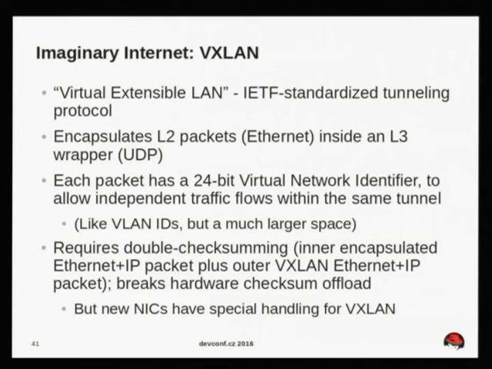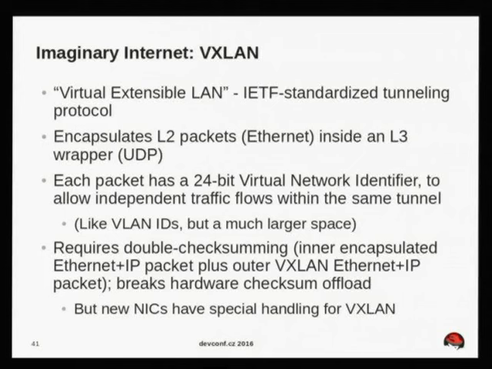One of the most popular right now is VXLAN, the Virtual Extensible LAN. It allows you to take arbitrary Ethernet packets, wrap them up in a UDP packet, and then just send them to any other computer. Each packet also has a 24-bit virtual network identifier, which works like VLAN identifiers, so that you can have different flows of traffic all using the same VXLAN tunnel.